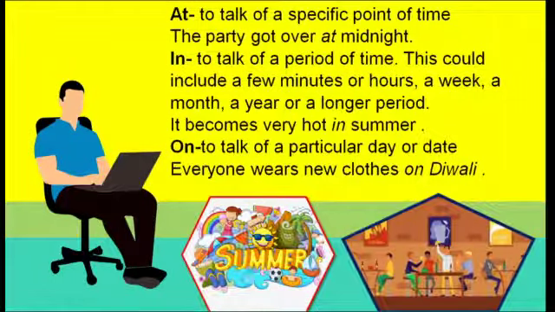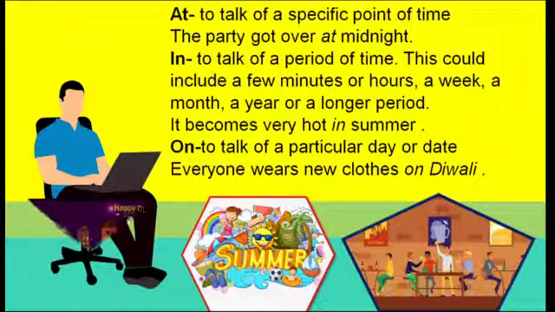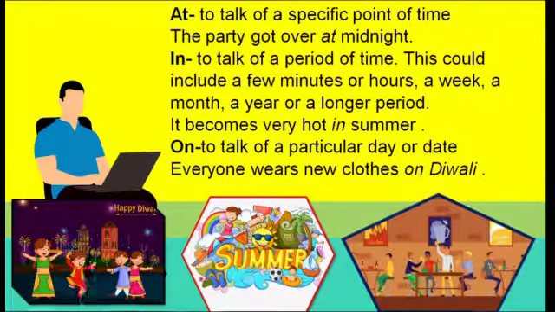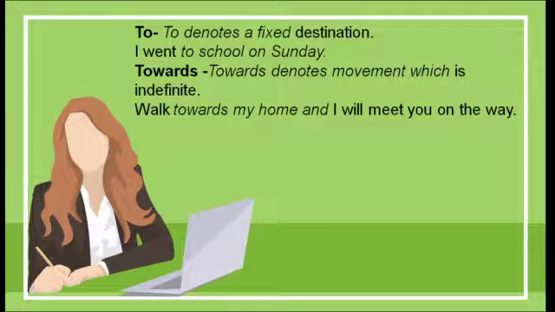So summer is a long period, a long time, so we have used in. On: my dear friends, we have to use on for particular days or dates. Like everyone wears new clothes on Diwali. So we have used on here. So at for a point of time, in for a time duration or period of time, and on for particular days or dates.